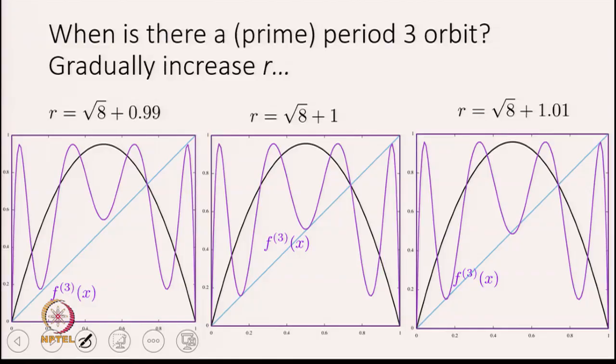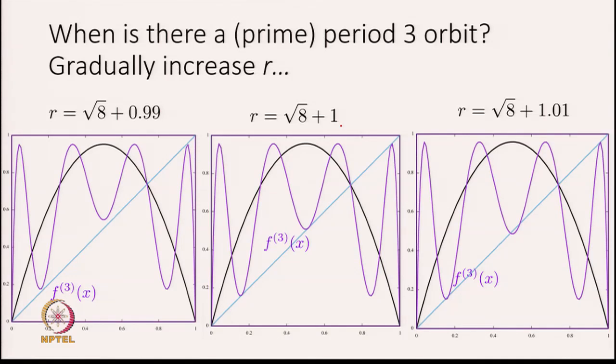Proceeding along these lines, we can ask, when is there going to be a prime period 3 orbit? Now, we know that period 1 has gone unstable at r is equal to 3 and period 2 was born, but in order to find period 3 we have to travel quite a bit more. We travel to the region of r close to the square root of 8 plus 1.